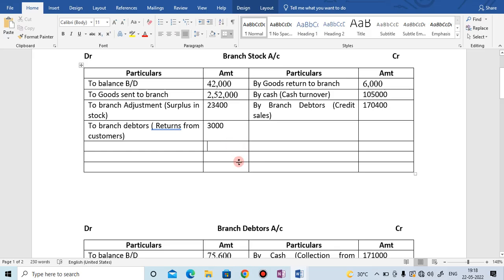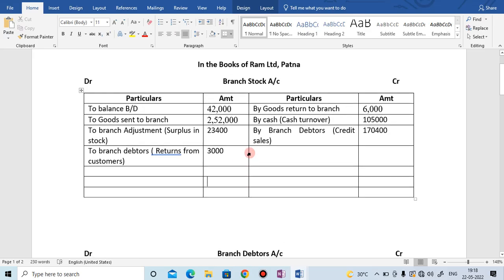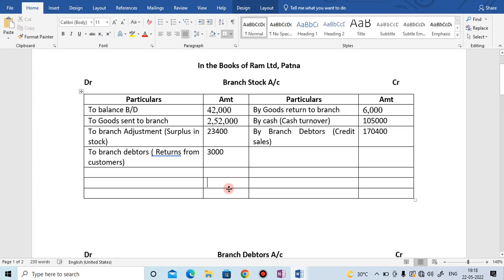So first we will close the branch stock account. If we close the branch stock account, the total will be 3,20,400, and as the credit side is less, the difference between the debit side and credit side will be balance carried down of rupees 39,000.